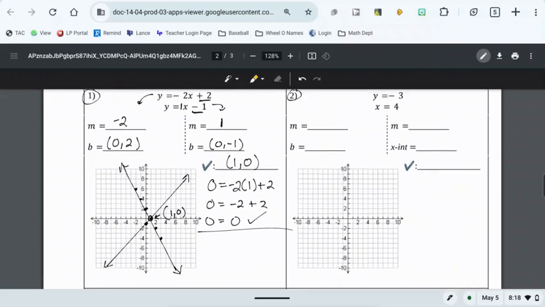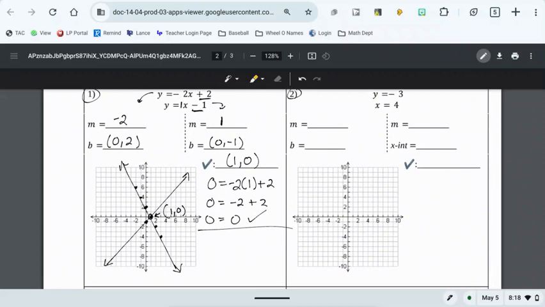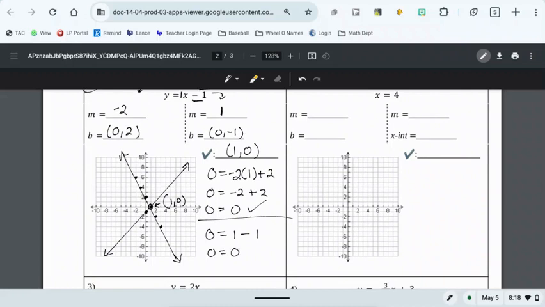Okay, let's take a look at the second equation, where it goes y equals or 0 equals, and then we just have x, which is 1 minus 1, and as you can see, it works out for this one too. So we're just double checking to make sure we did everything right with our graph, because if this doesn't check out, that means we graphed it incorrectly, but it checks out, so we know our solution is 1, 0.